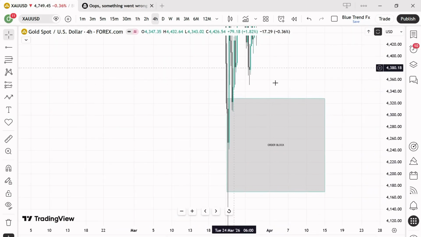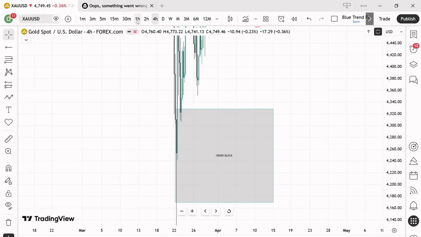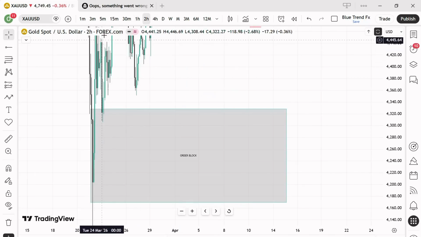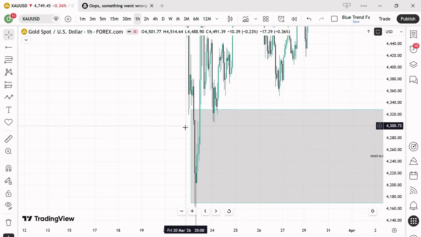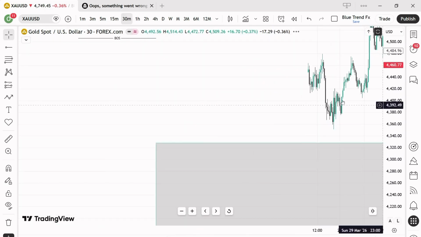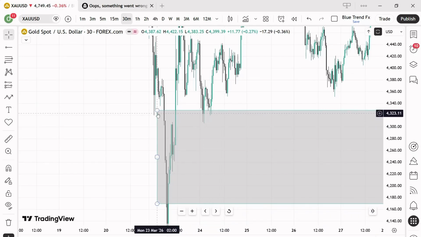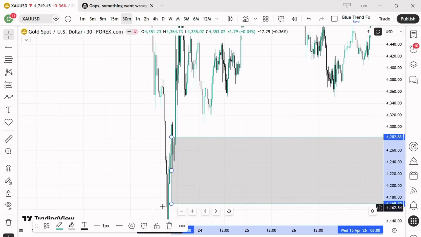I think I might have actually refined the wrong order block. Yeah, we refined the wrong order block, guys. So if you refine to 1 hour or 30 minutes, this is what we'll have.